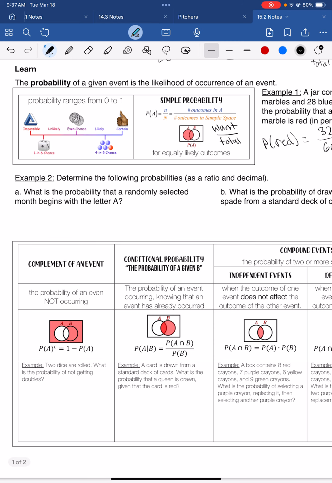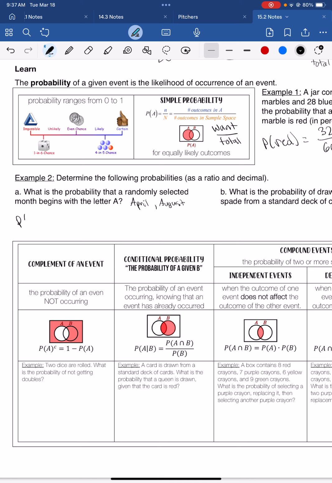Determine the following probabilities as a ratio and a decimal. So now we're going to leave it as ratio means a fraction, and decimal obviously means a decimal. So it says, what is the probability that a randomly selected month begins with the letter A? Well, I can tell you that the months that begin with A are April and August. So that is 2.